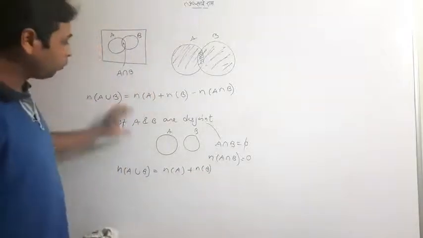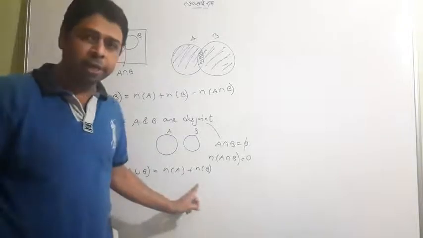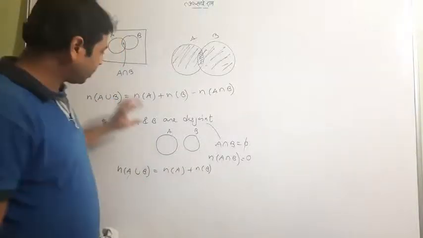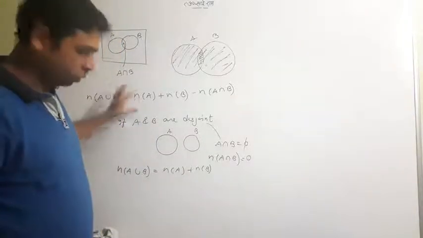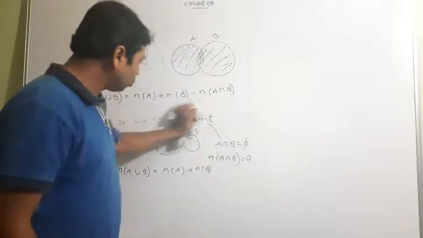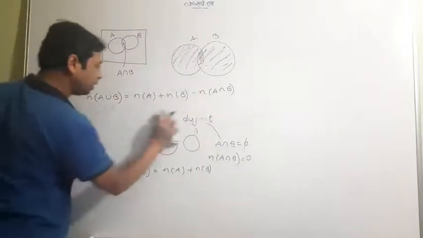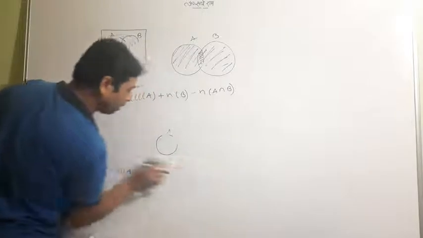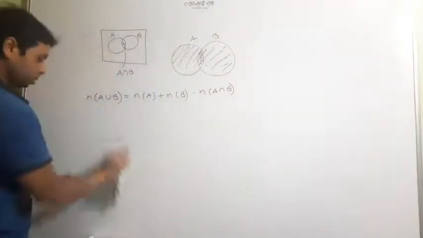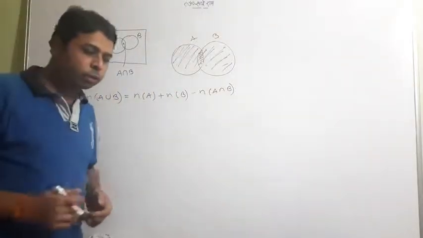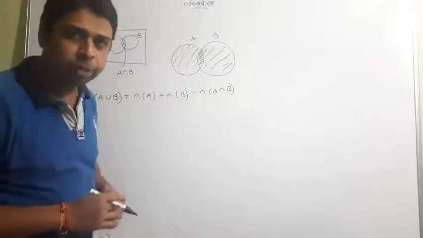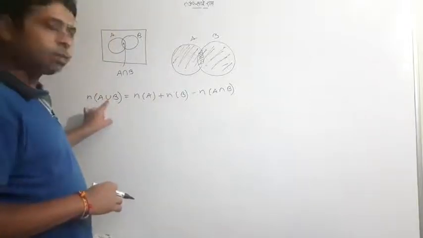So we have 2 formulas. This one is only when A and B are disjoint, and this one is when A and B are definitely not disjoint. Okay, now I want to say something very important here. Now we have to actually go through word problems, and we must know the meaning of union.